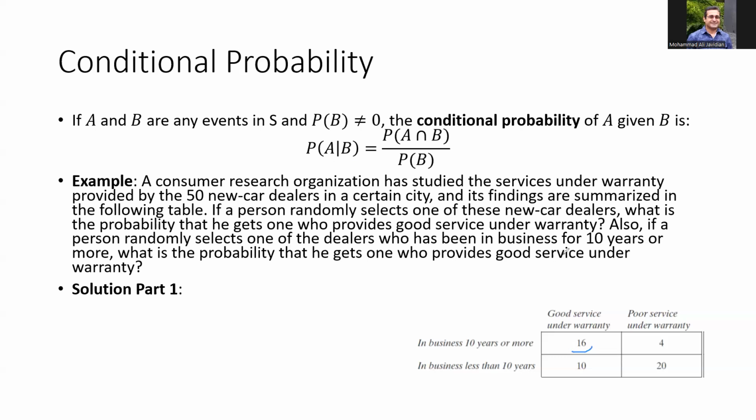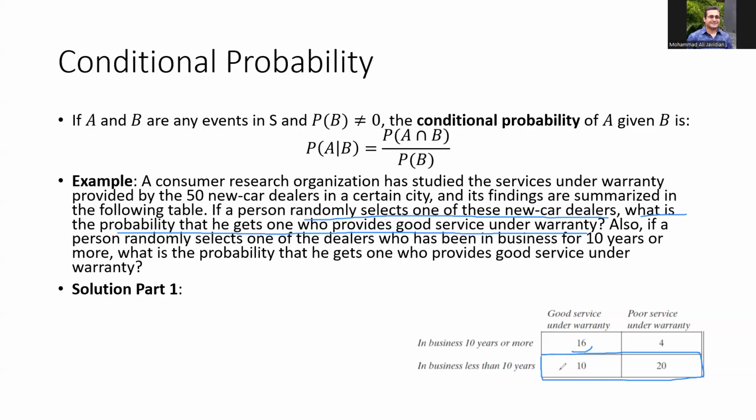So the first question is, what is the probability that someone gets one who provides good service under warranty if a person randomly selects one of the new car dealers? New car dealers in this scenario means in the business less than 10 years, which is this row. I'm going to highlight it with blue.